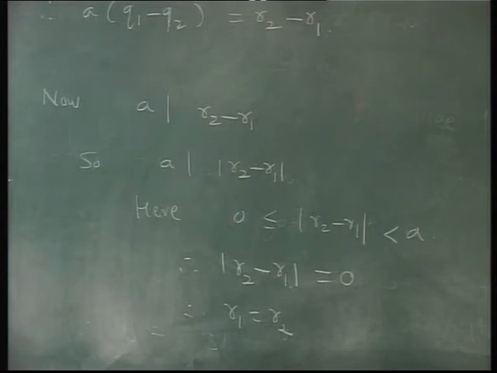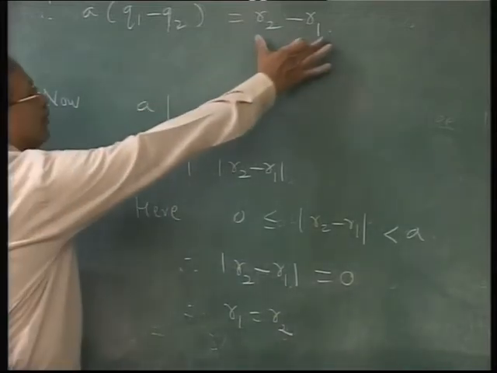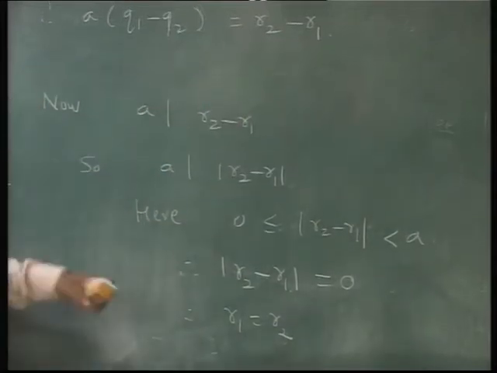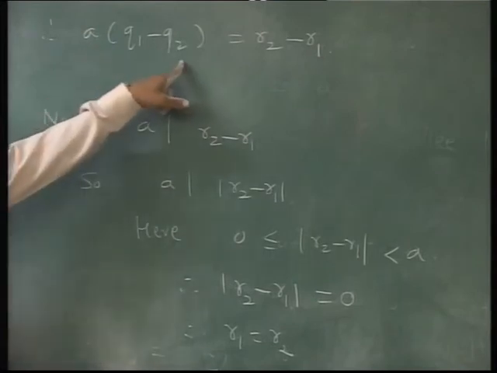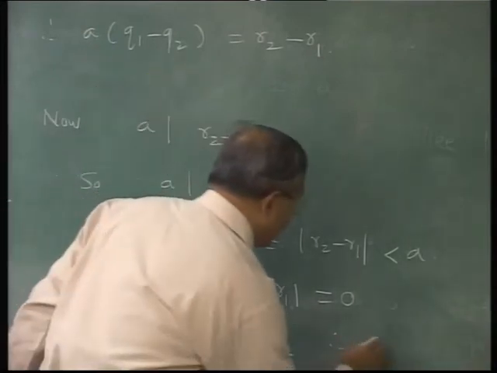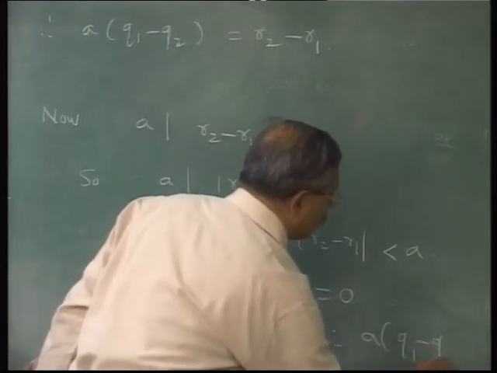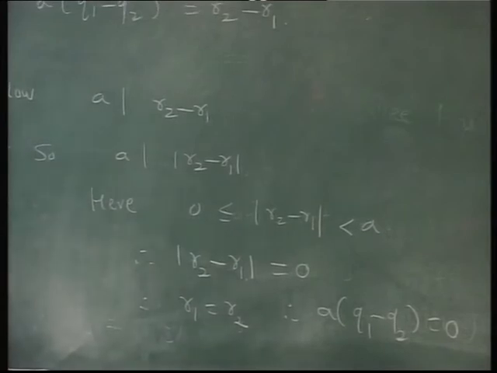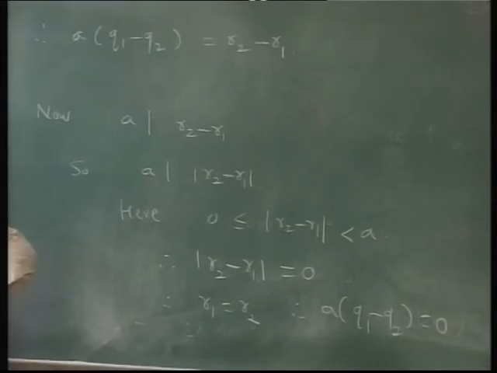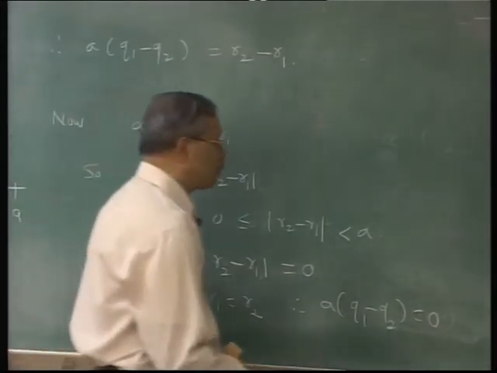If you have r1 equal to r2 in this, then from this you will see that a into q1 minus q2 is 0. Therefore a into q1 minus q2 equal to 0. Now a is not equal to 0, therefore q1 minus q2 equal to 0, that is q1 equal to q2.